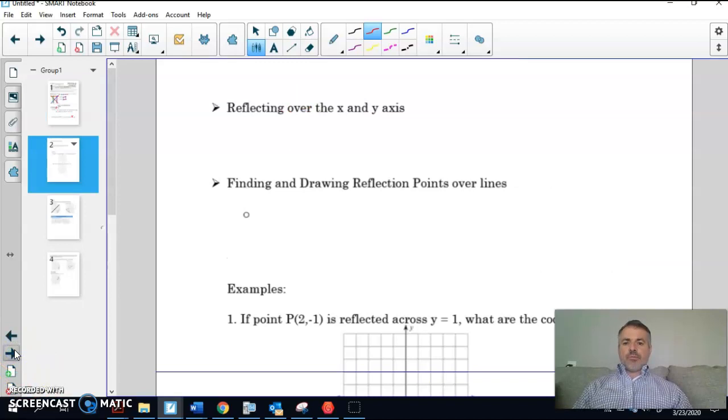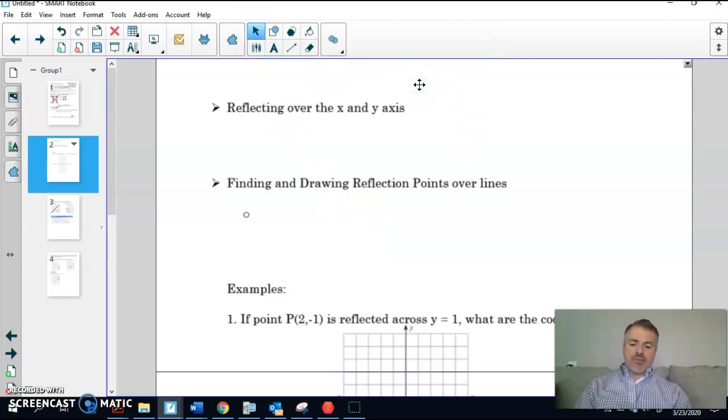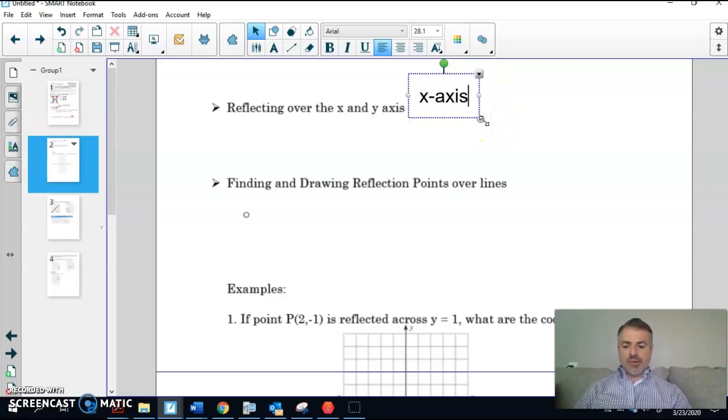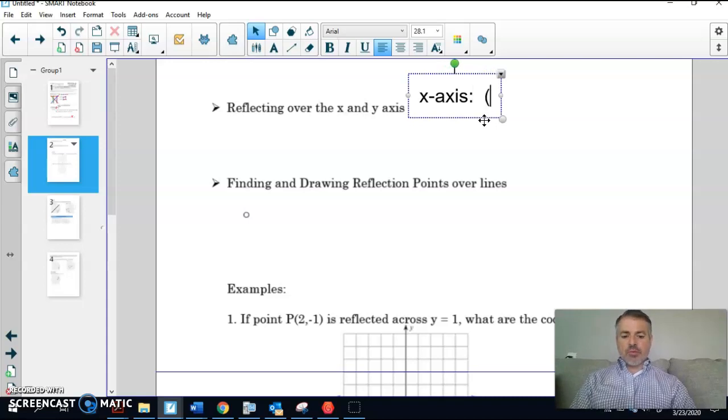All right. So reflecting over the x and y axis. So remember, if I reflected over the x-axis, there was a pattern that formed. The pre-image point is at (A, B).